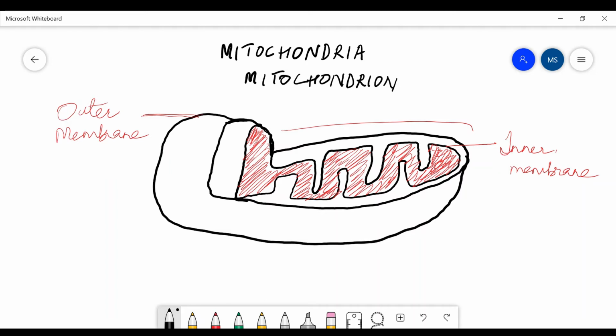These folds are called cristae, singular crista. And then you can see the intermembrane space, which is found between the outer membrane and the inner membrane.